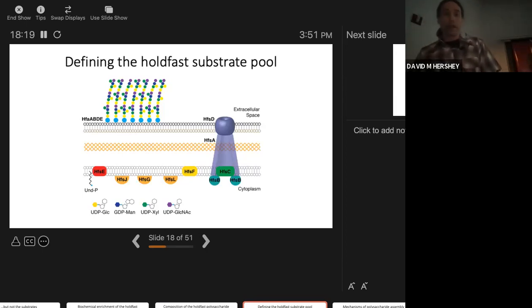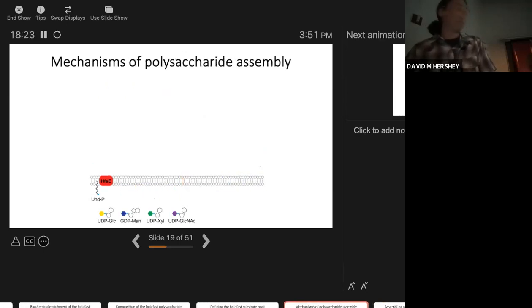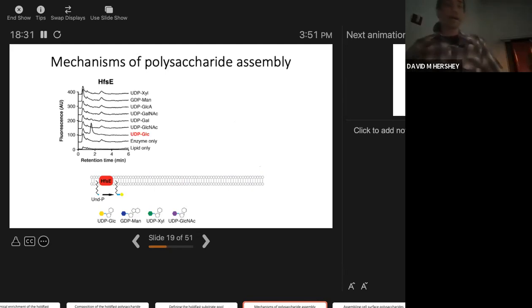I decided to remove some of this stuff from my talk, but this is essentially what we're working on right now. We've started by asking, can we characterize the first enzyme in this pathway? This is data that shows that this first enzyme, called HfsE, seems to specifically attach glucose to this lipid.